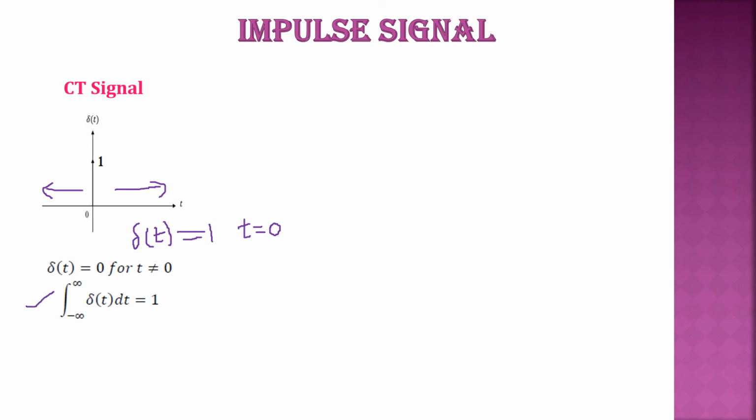Look at this statement: integral from minus infinity to infinity of del of t dt is equal to 1. The meaning of it is that the amplitude or the area of the pulse at t is equal to 0 is 1. That's the meaning of this statement, right? In all other places, the area of the signal is 0.